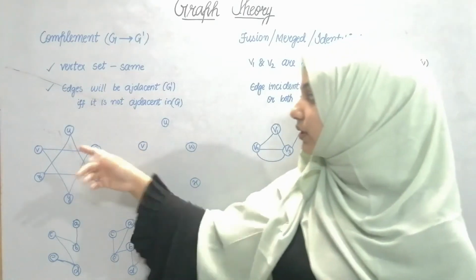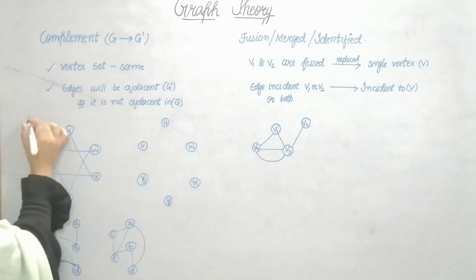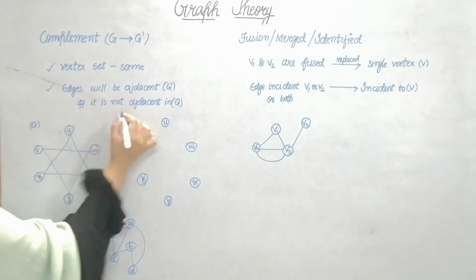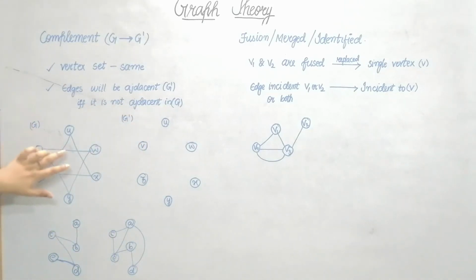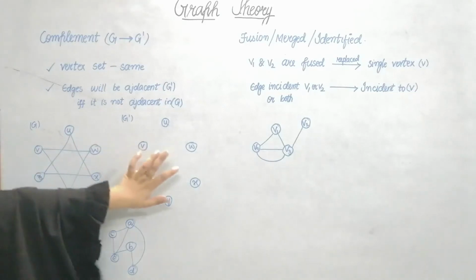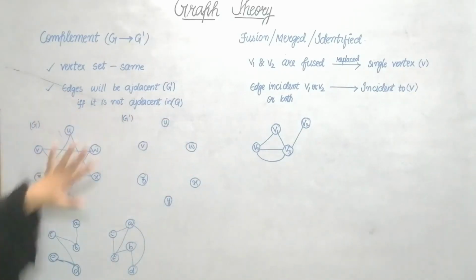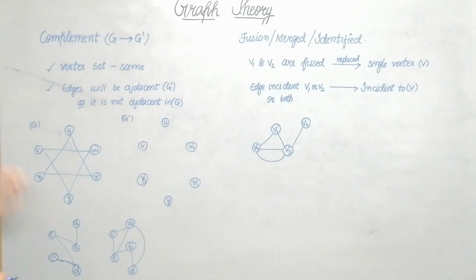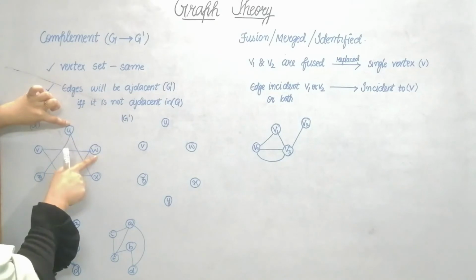Okay? Suppose we'll construct a graph here. Suppose this is the example graph. This is your graph G, and we need to construct a G dash graph. From here we will see that the edges which are adjacent here should not be adjacent here. Now this is your vertex set. This vertex set will be as it is. Okay, let's check for the U now. Is U adjacent to W here?